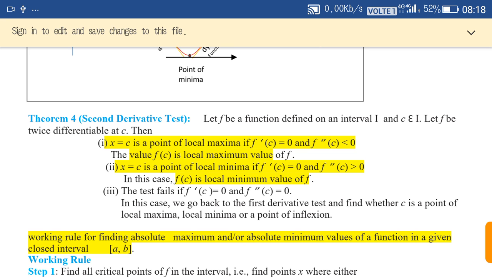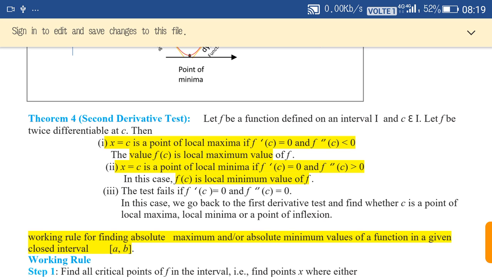Twice differentiable means we can get the second order derivative also. We can differentiate the equation of the curve, and again differentiate it with respect to x, and we get the second order derivative also. And the concept is that at a point of maxima and a point of minima, the first derivative is equal to 0, means dy upon dx is equal to 0 or f dash x is equal to 0.